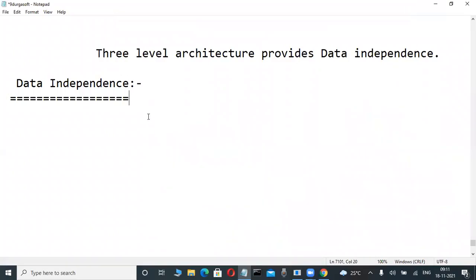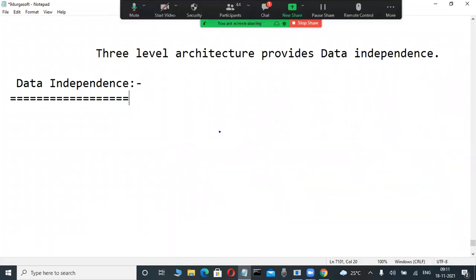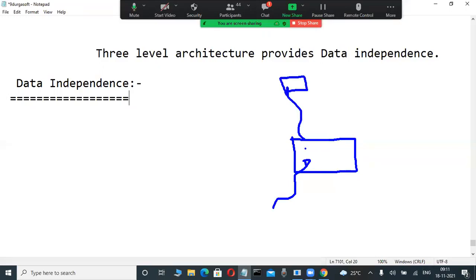Very, very important. In every database worldwide, data independence in DBMS software means upper levels are unaffected by changes in the lower levels. But some people ask, Murali sir, you say upper levels are unaffected by changes in the lower level, yet in the conceptual level a table is there, and if we add data to this table, the related view automatically gets the data.